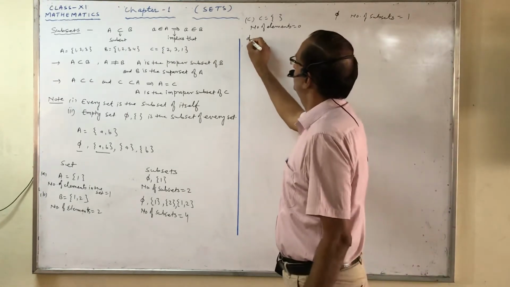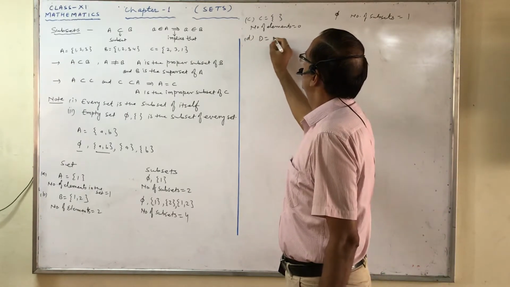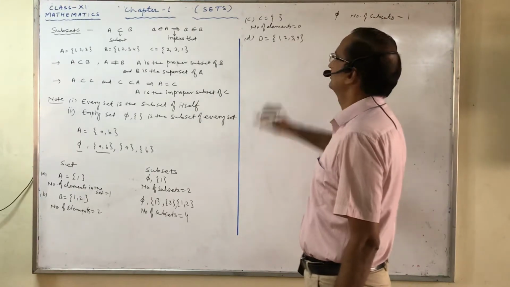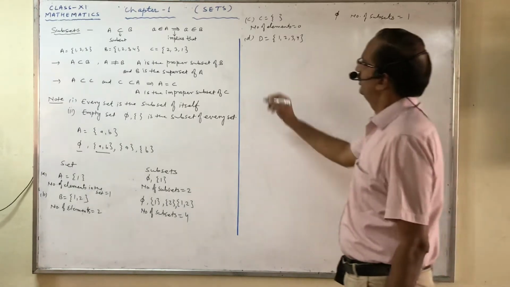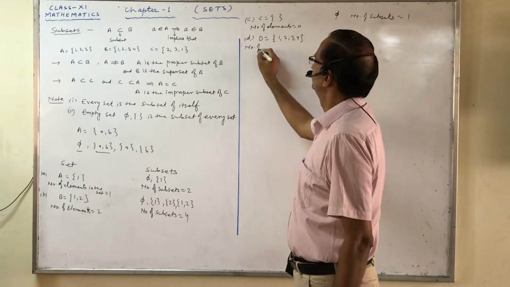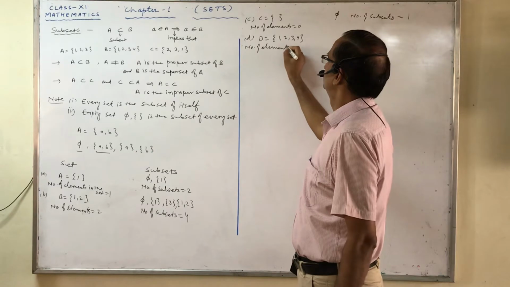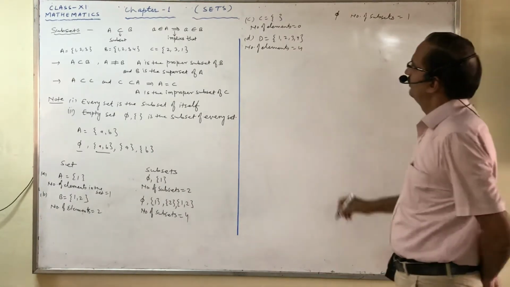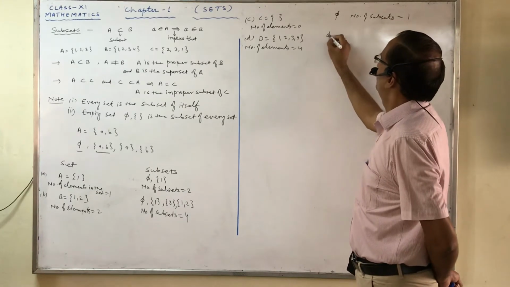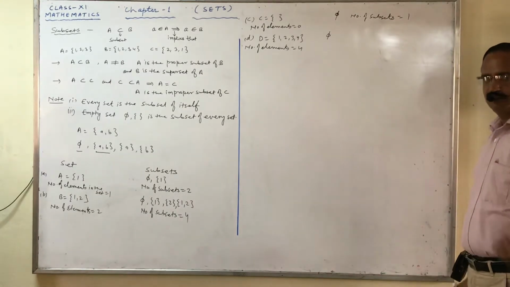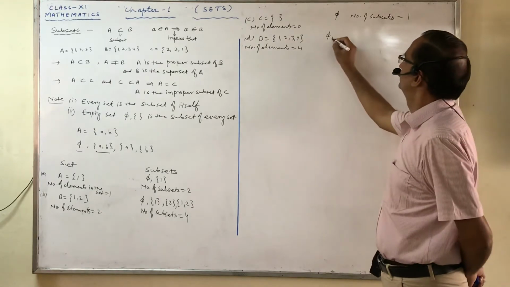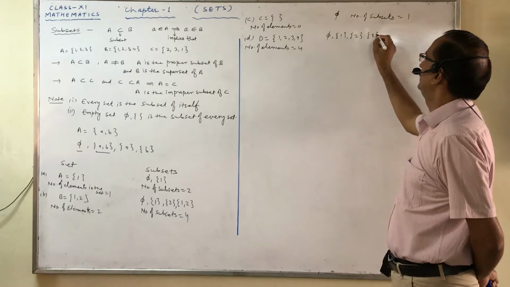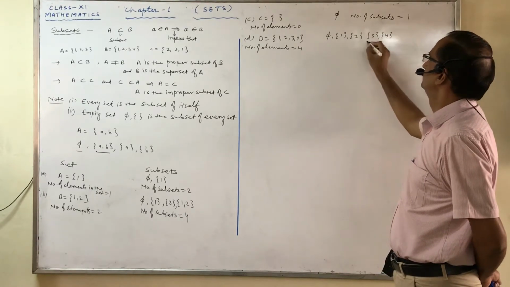One more example, suppose I am taking this D and it has 1, 2, 3, 4 elements. Now number of elements in the set is 4. Now I am writing the subsets. First of all phi, then single elements 1, 2, 3, 4.